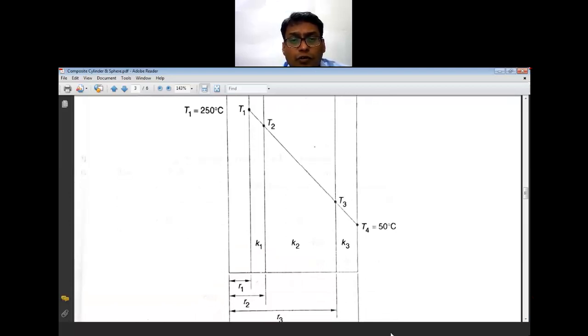So the first pipe is of a thermal conductivity K1, and two layers of insulation will be there.